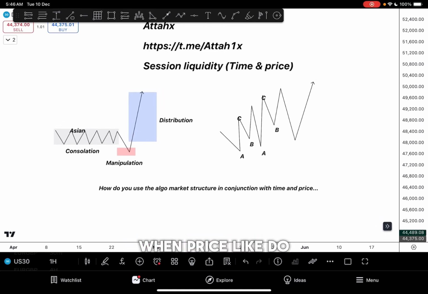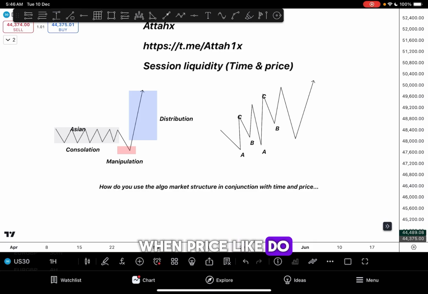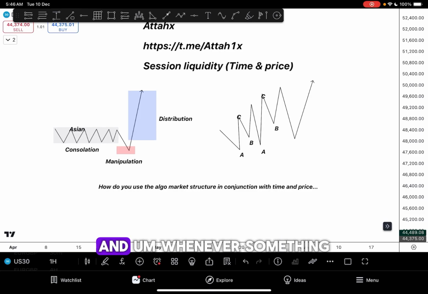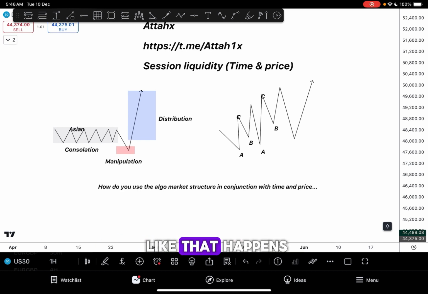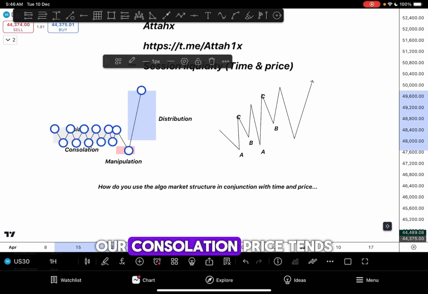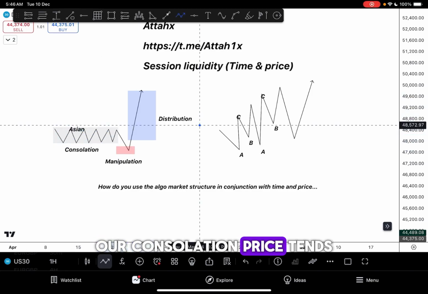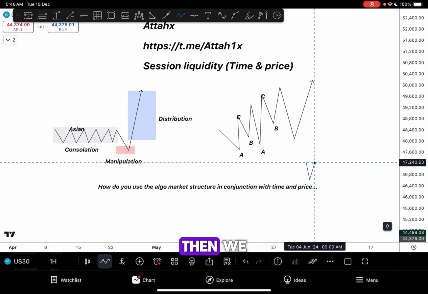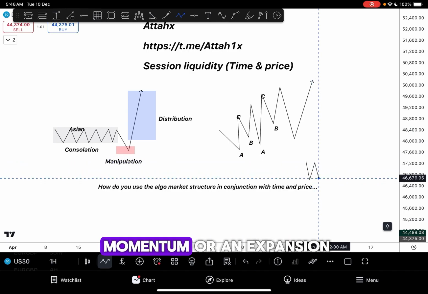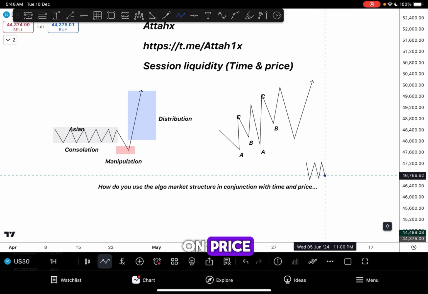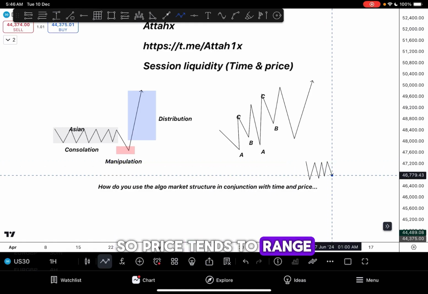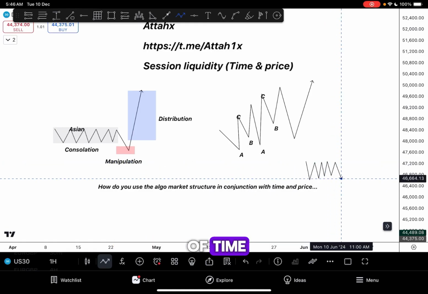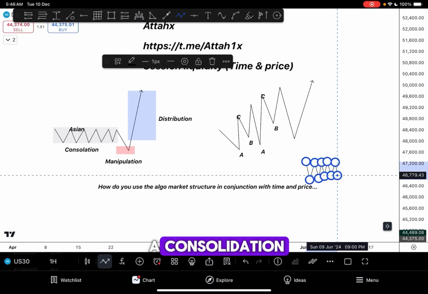When price does not have any specific movement. And whenever something like that happens, price tends to range, just like this, our consolidation. Price tends to range whenever we have low volatility, when we do not have momentum or an expansion on price, so price tends to range for a particular period of time, and that is called a consolidation.